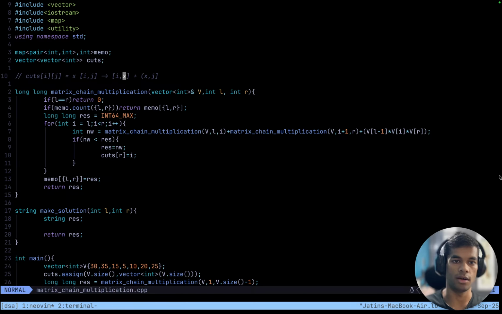From i to x, x is included in the left part, but x is not included in the right part, hence the opening bracket there. And we would have to change this thing too.